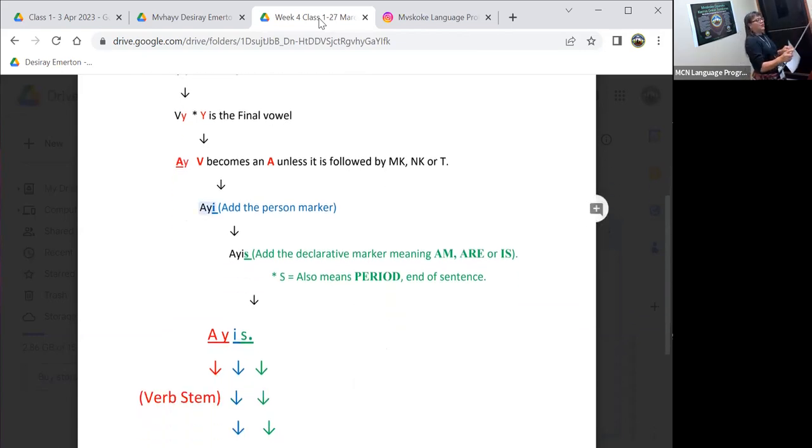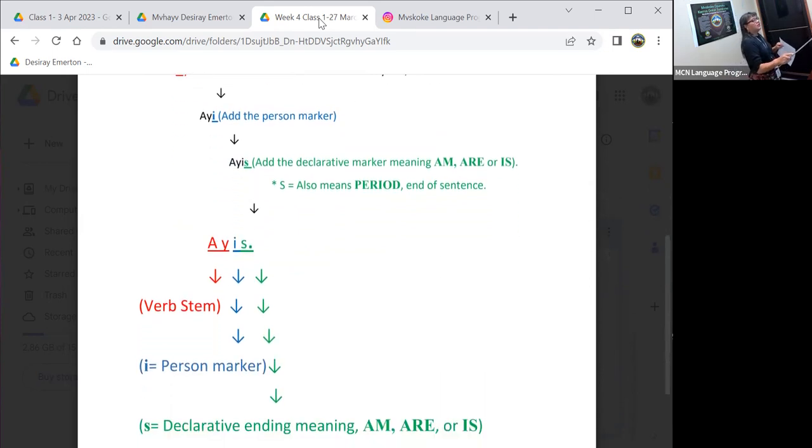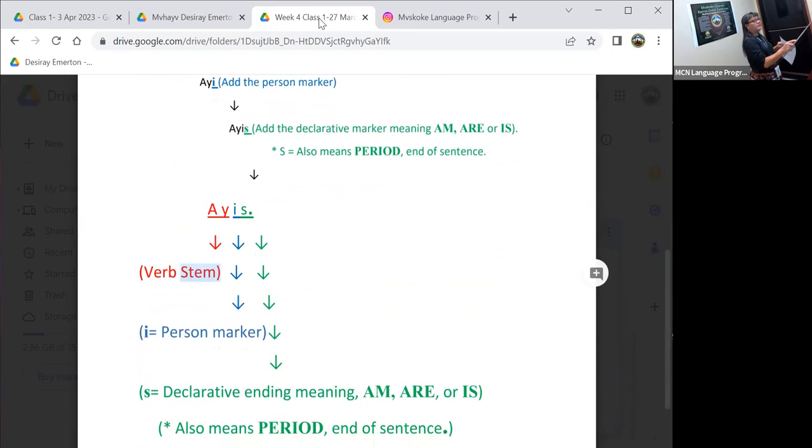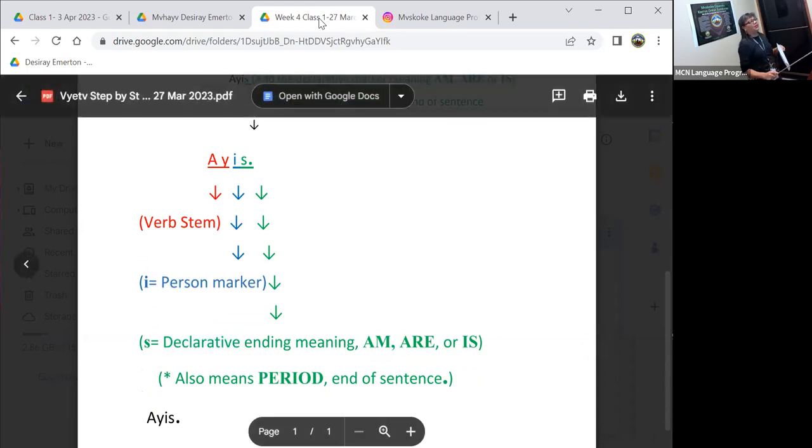Okay, and the next step is add the person marker. Like I said, I'm showing you this because this one gets a lot of questions. There's the I for the person marker. Right now we're doing I. At the end, right here is the S, the declarative ending. Am, are, is also means a period. You've got the verb stem in red, the person marker, and the declarative ending with the end of the period.